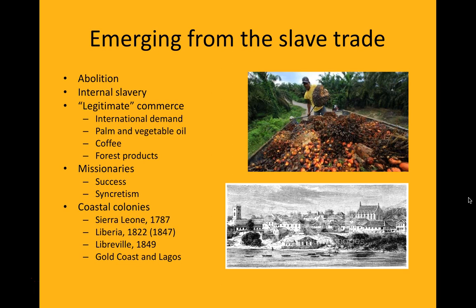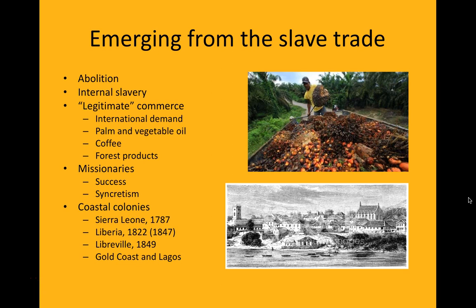And so, this Sierra Leone really led to the creation of a highly stratified, highly hierarchical society where the freed slaves, the Europeanized or westernized peoples ended up lording it over the non-westernized natives.